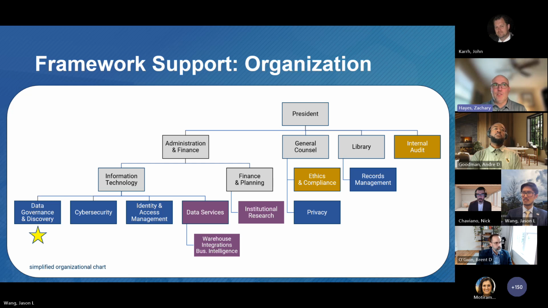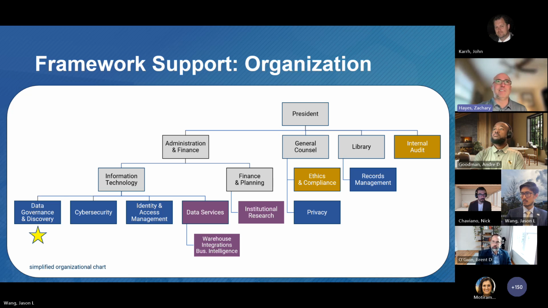Within information technology, we've got our data governance and discovery team. That's the group that I lead. We also have cybersecurity, which we'll hear from John Karrh here in a moment. We've got identity and access management. Within the Office of General Counsel, we have privacy. And then within the library, we have our records management folks. These are the data management and protection teams that work very closely together.